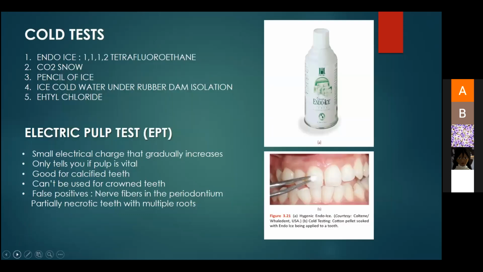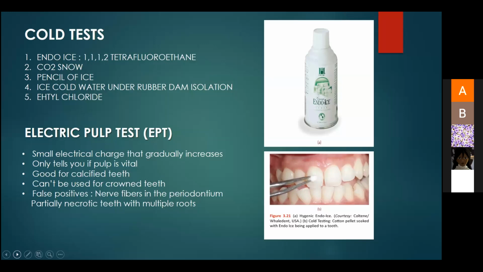Now comes the cold test. Now for the cold test, we have various materials. It can be endo ice, tetrafluoroethane, carbon dioxide snow, pencil of ice cold water under rubber dam, and ethyl chloride. Among these, endo ice is the very best method of cold testing.